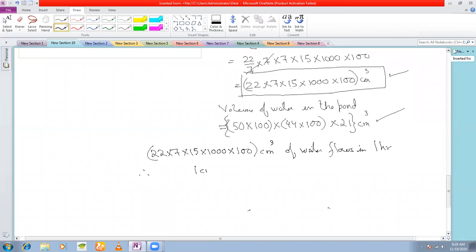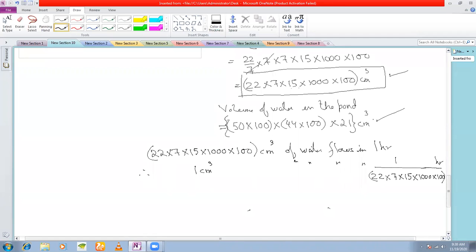Therefore, 1 centimeter cube of water flows in 1 divided by 22 by 7 into 15 into 1000 into 100 hours.